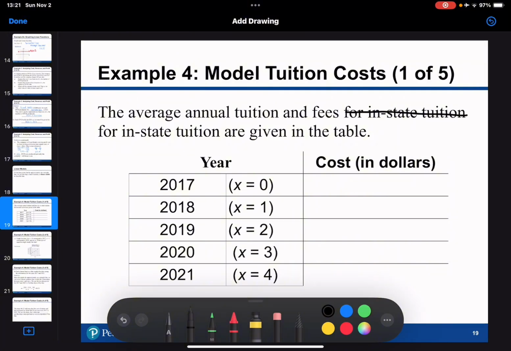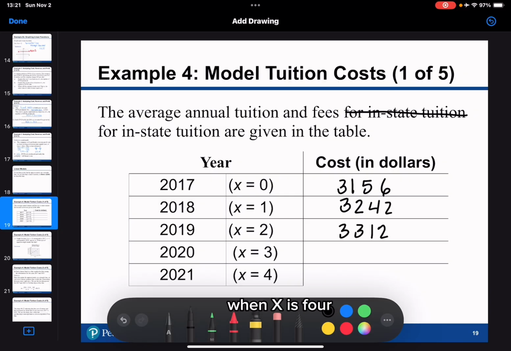So when X equals 0, the cost in dollars is $3,156. In 2018, when X is 1, it's $3,242. When X is 2, Y is 3,312.